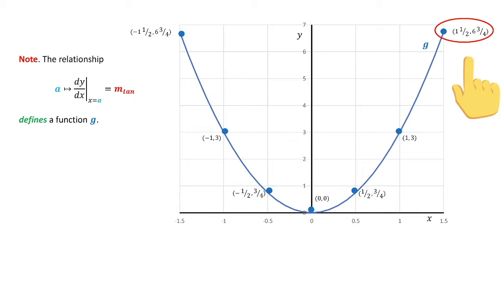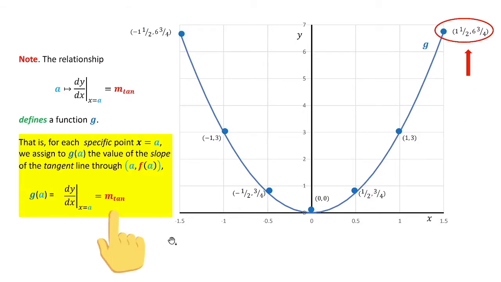The function f gives you the point. This function gives you its slope. A point and a slope gives me my linear approximation. And that's what's important about this. I have all the data I need between the function f and the function g to construct a linear approximation to the original function. So that's it.